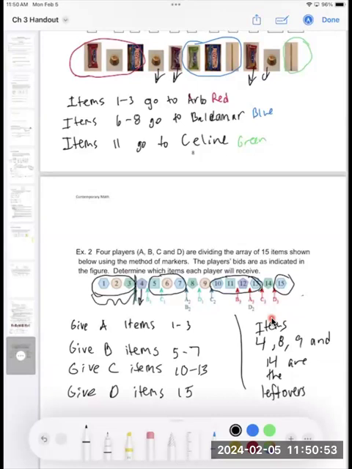Then B's markers were here, and that was a fair share to B. And then C had place markers here and here, so giving 10 to 13 to them was a fair share to them. And then D had a marker here, which means between there and the end was a fair share to him. So they did in fact get all fair shares.